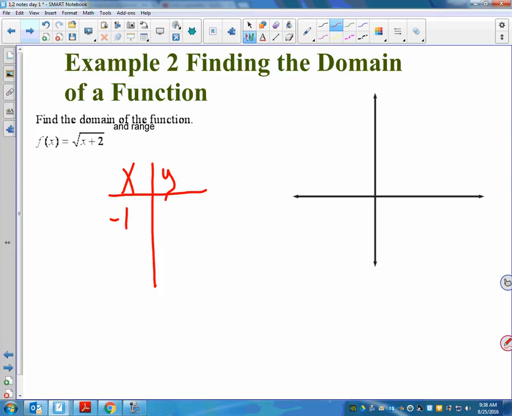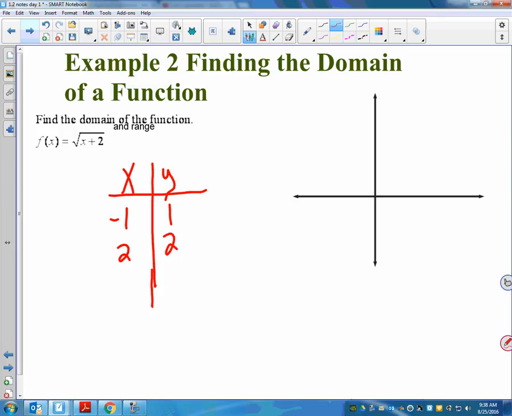I like -1. I like 2. Why is -1 a good number to pick? And if I plug 2 in there, 2 plus 2 is 4, and the square root of 4 is 2.